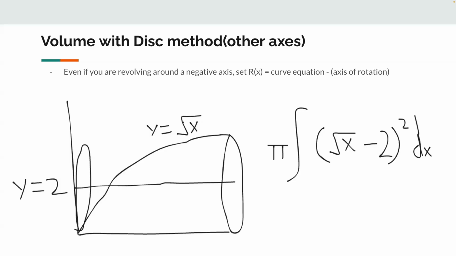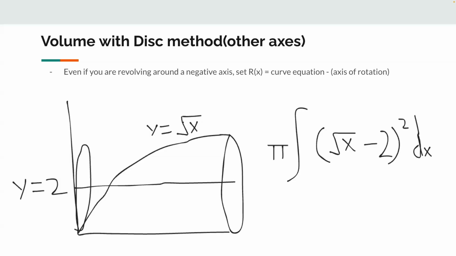Because it's revolving around the y equals 2 line, I'm going to have to subtract 2. That's how you make sure you're always getting the correct distance between the axis you're rotating around and the function. And then it'll be that squared times pi outside the integral.